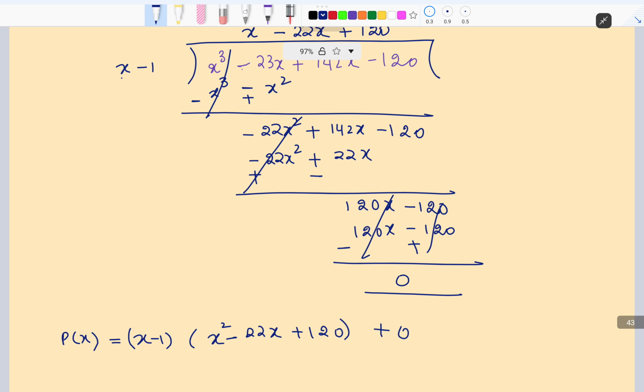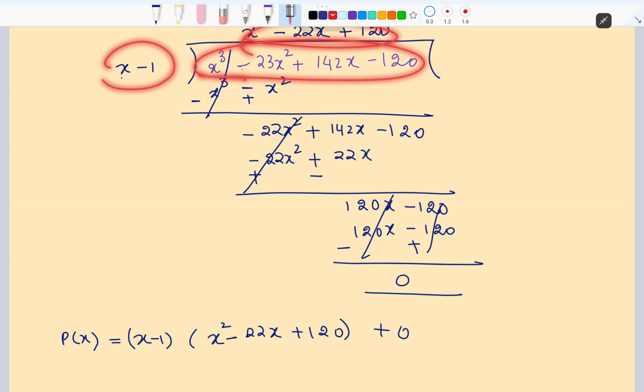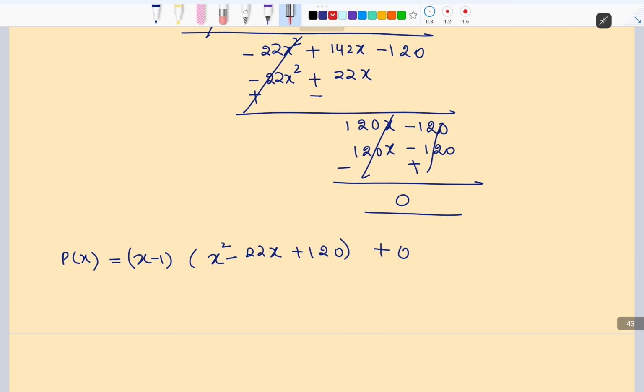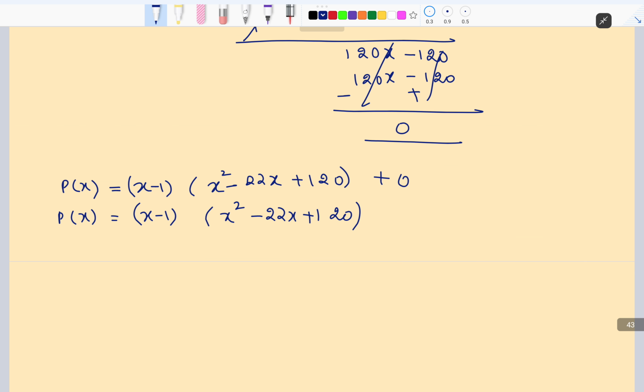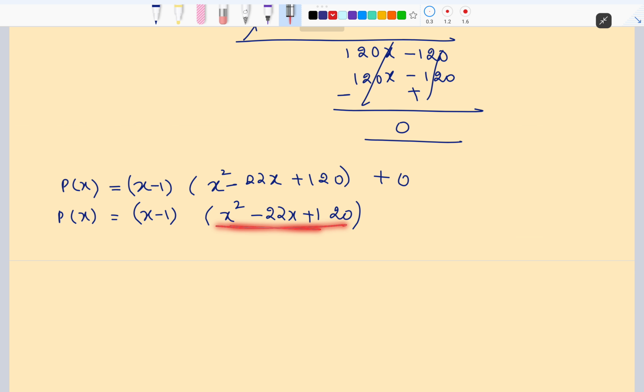क्यों लिख रहे हैं ऐसे? याद करो, your dividend is equal to divisor into quotient plus remainder, right? So I can write my p of x as x minus 1 times x square minus 22x plus 120. Now अब देखो, this is a quadratic equation.